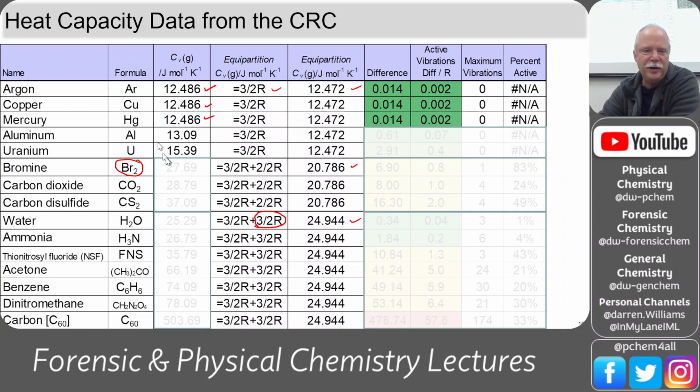So aluminum and uranium are a little strange. They're coming in a bit high, okay? And that has got to have something to do with the small difference in their electronic energy levels. So what does aluminum have? It's got one electron in the p orbital, and there could be some spin orbit coupling with the really small energy level spacing there.